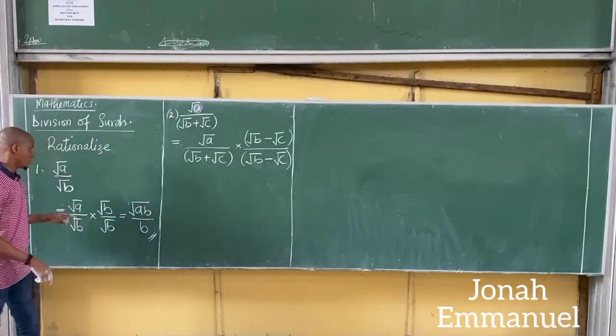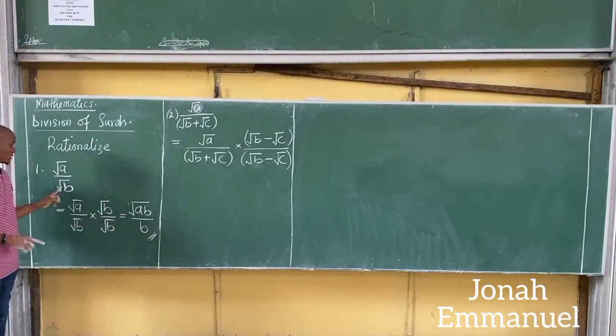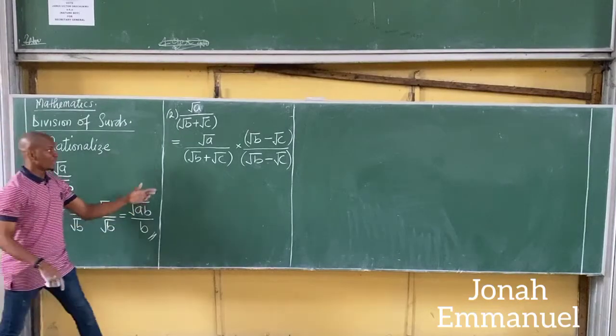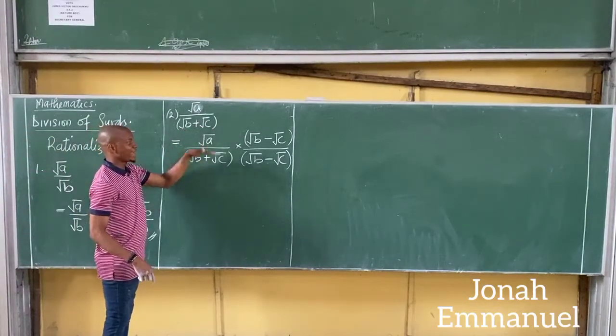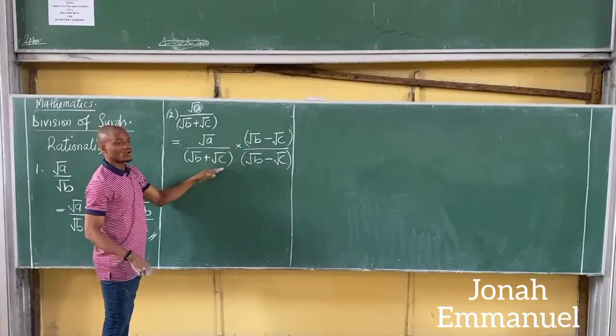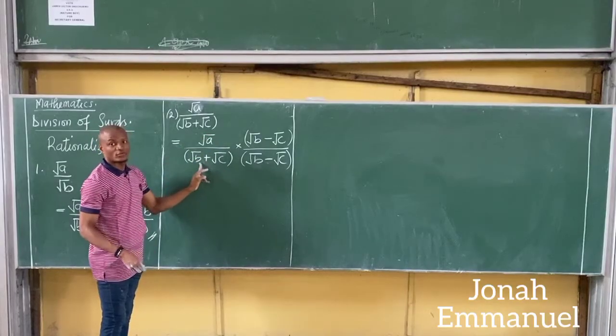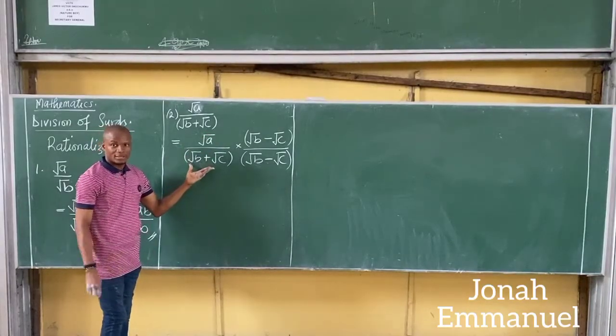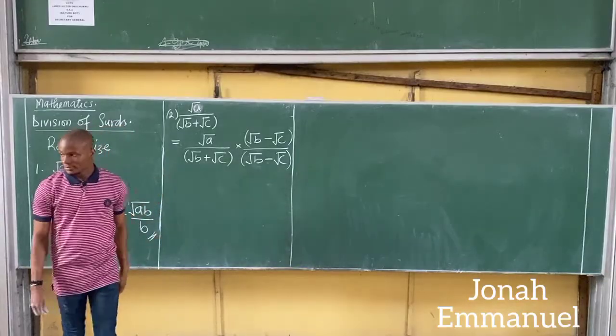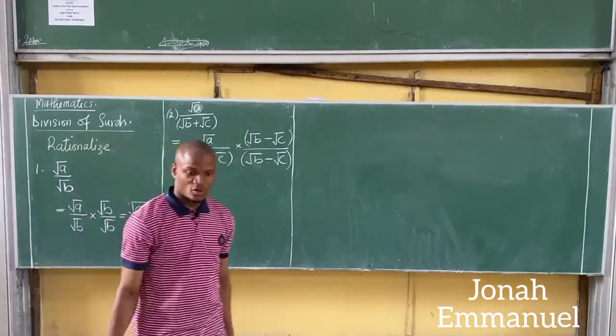Two forms: in a single form, just one number, simply multiply numerator and denominator by the denominator. In a more complex form, multiply numerator and denominator by the conjugate of the denominator. That's the concept. Okay, let's take an example.